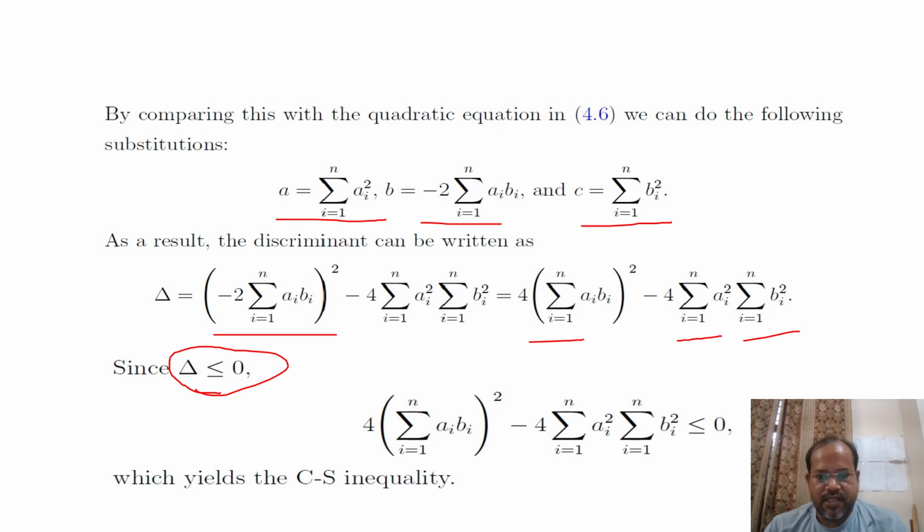If we shift this term to the right side and cancel 4, we get the square of the summation of ai bi is less than or equal to the summation of ai square into the summation of bi square.